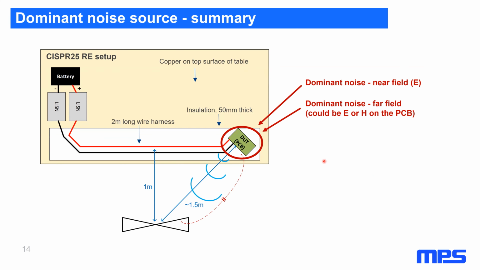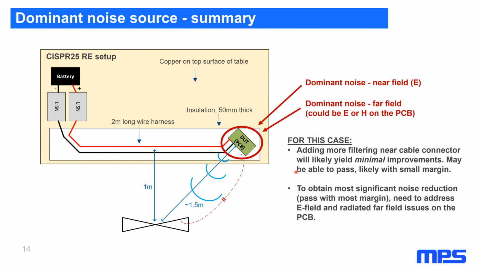And then when we got to the higher frequency antennas, we could also see a similar theme. Basically, the far field noise being measured around 200, 300, and 400 megahertz was coming mostly from the DUT. So from that, since it's far field being measured here on the antenna for the higher frequencies, we can determine that we likely have either an E field or H field issue that we need to identify and fix.